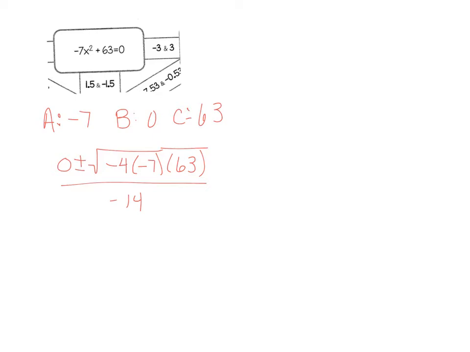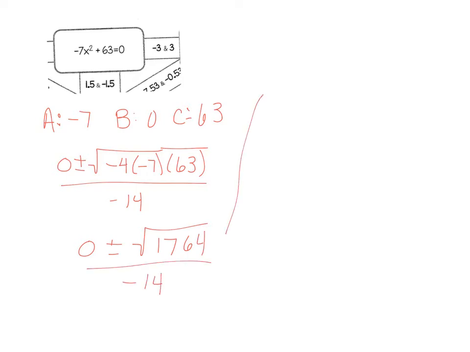So now let's go inside and look at the radicand. We're going to have -4 times -7 times 63. I get 0 plus or minus the square root of 1,764 over -14.